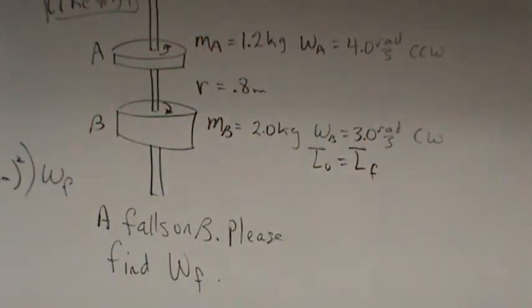Start with that equation and then go ahead and plug in. And if you're not remembering, remember the rotational inertia of a disk is 1/2 mr squared. So you'll be using that.